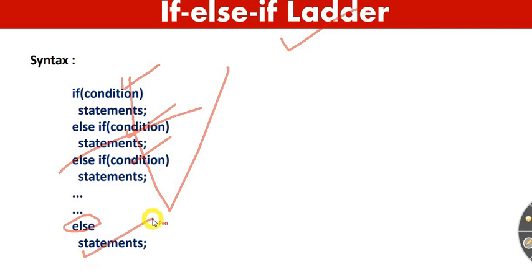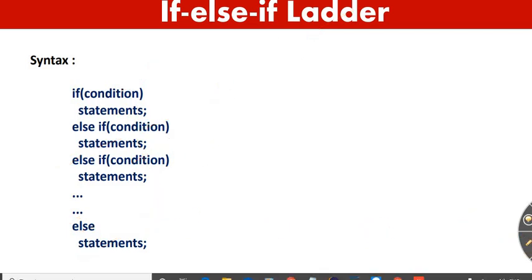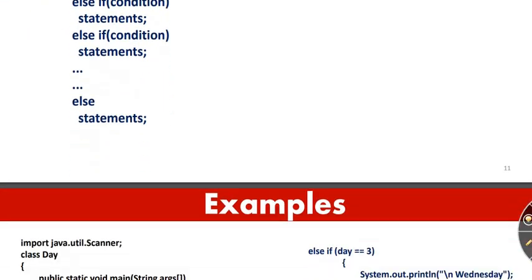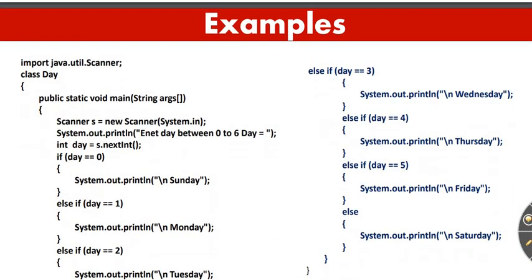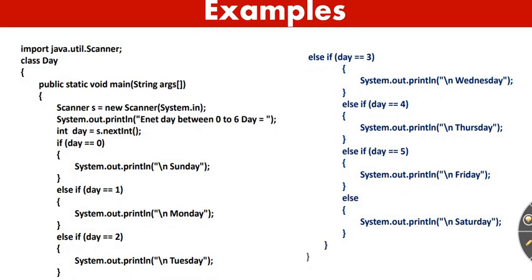So this is very important, and I am going to show you the example in coding. There is one program I will show you based on this, that is finding the greatest number among three numbers. It's an example.